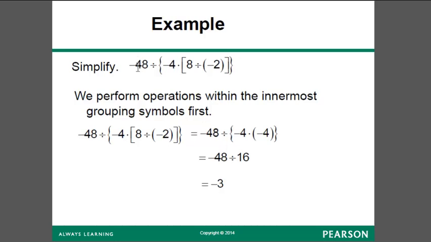Notice I did not do the division and multiplication in order from left to right in this case, and that is because it was divided up by grouping symbols. Remember, I have to do the parentheses first. Anything inside parentheses or grouping symbols I have to do first, and I always want to go to the innermost grouping symbol first.